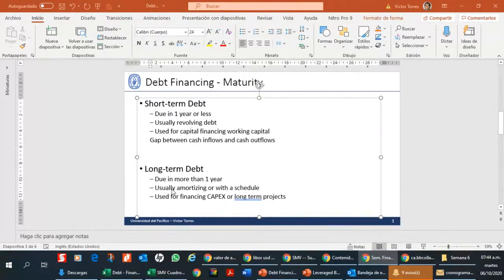So that means that the risk is higher for the debt holder. And given the fact that it's short term, usually you turn to debt holders that have a higher risk perception of your company, charging you a higher amount as part of that structure.